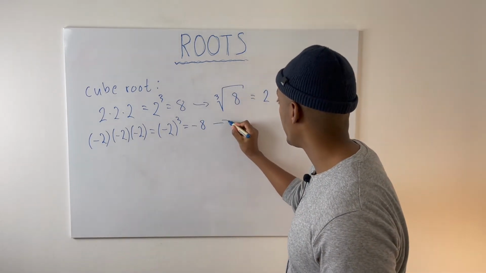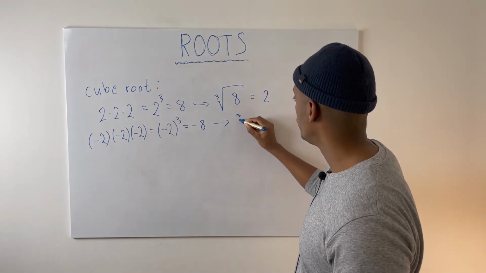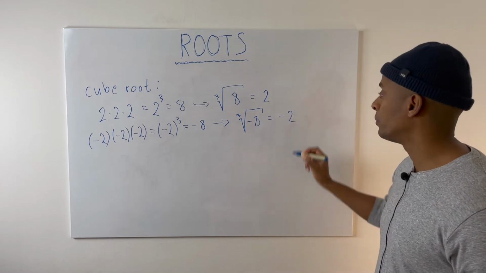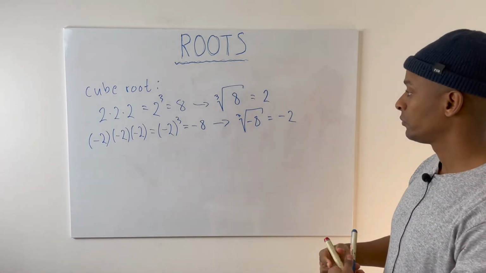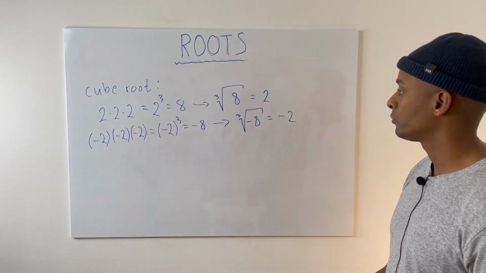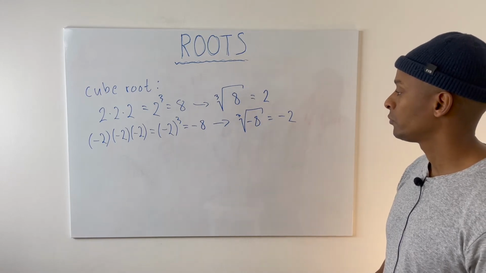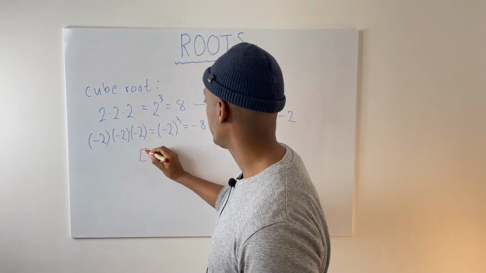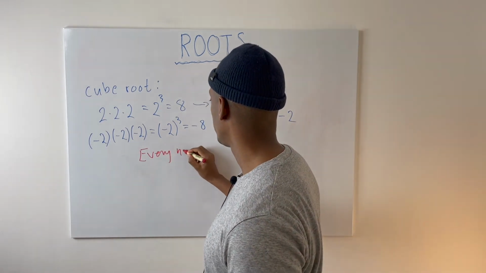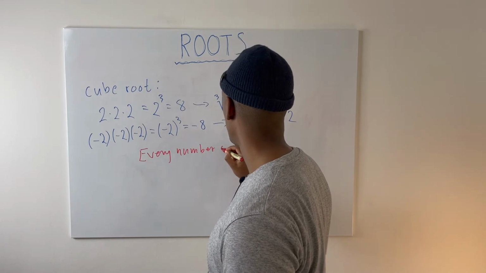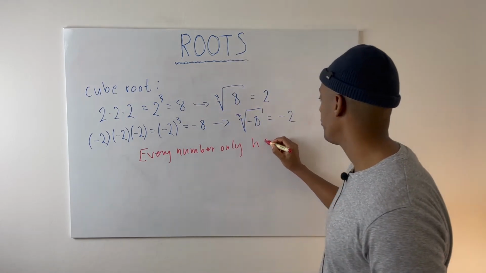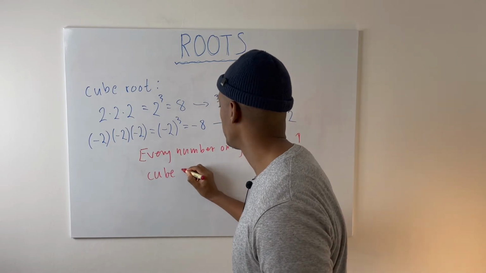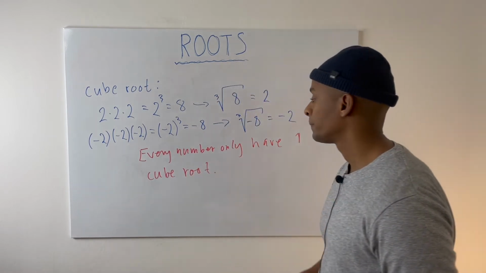So here we have that the cube root of minus 8 is minus 2. So every number only has one cube root.